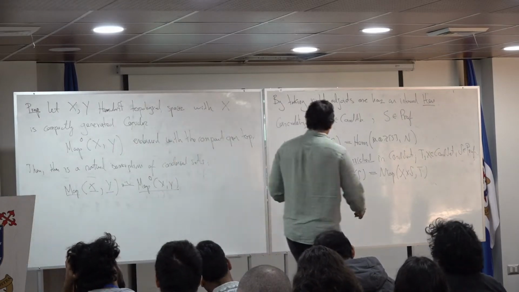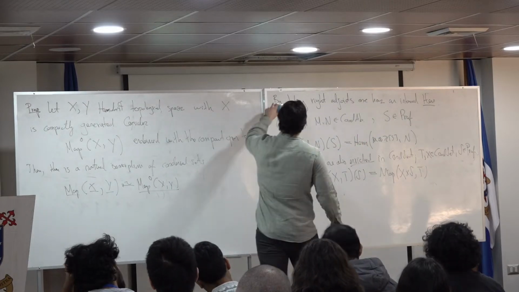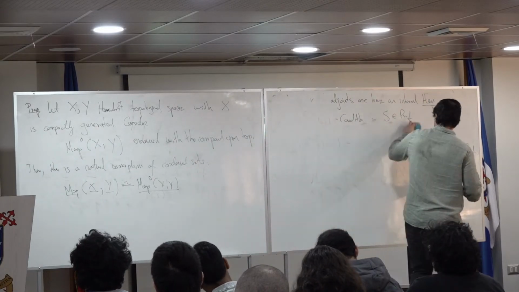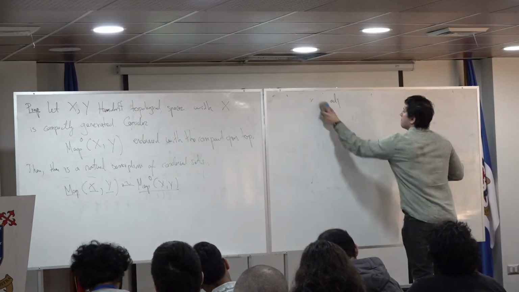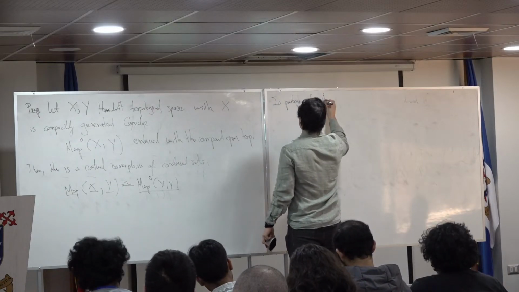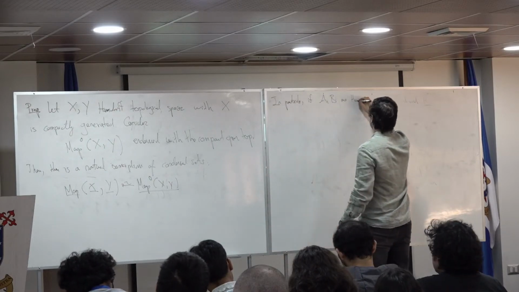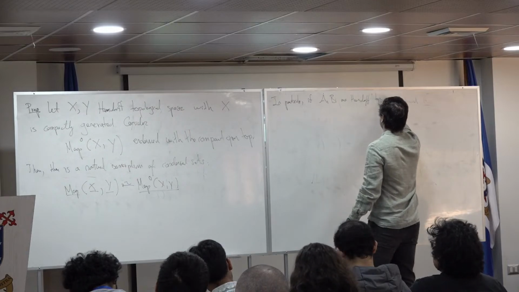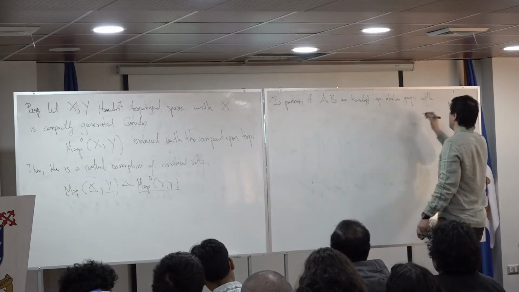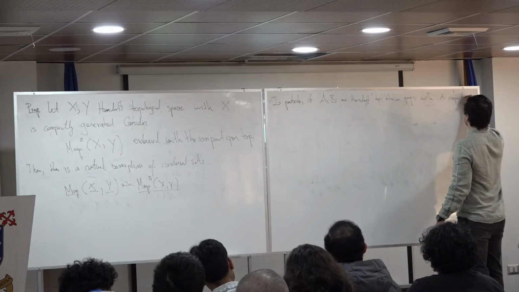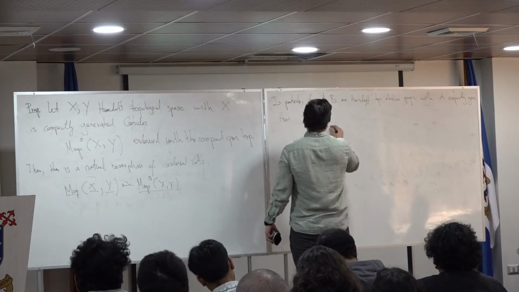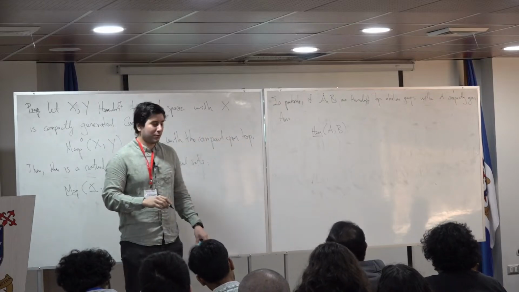And maybe let me just conclude what happened for this. So in particular, if A and B are topological abelian groups, Hausdorff topological abelian groups, with A compactly generated, then you can also consider just the condensed internal hom in condensed abelian groups.